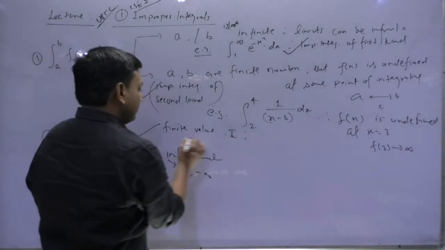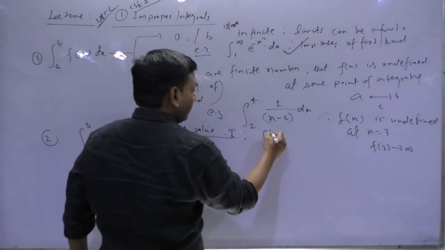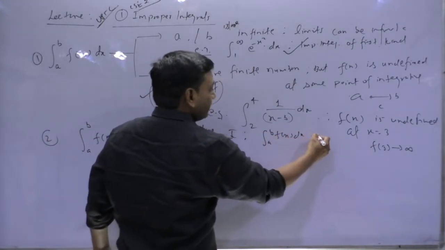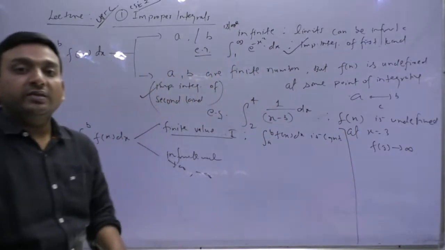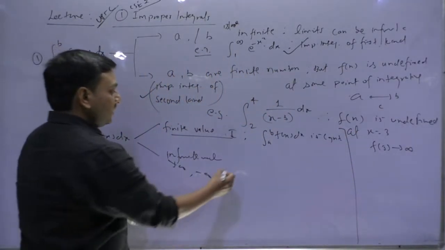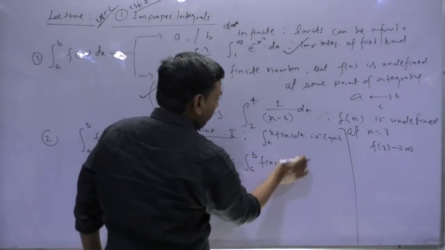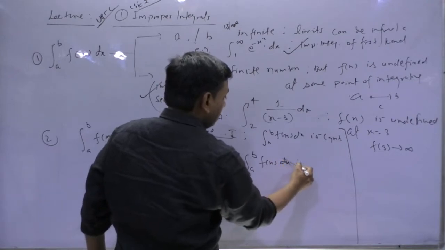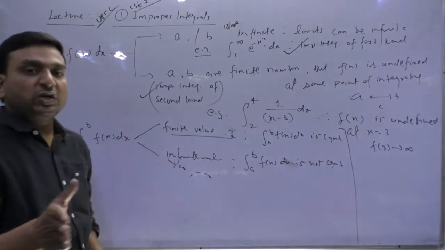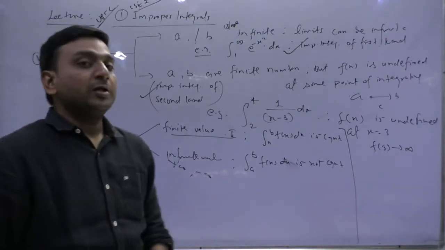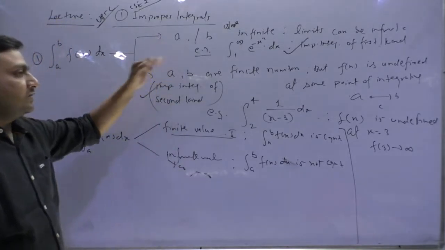In the finite case, we say that this integral a to b f of x dx is convergent. And in the other case, we say that a to b f of x dx is not convergent, or you say diverging to either plus infinity or minus infinity. Clear?